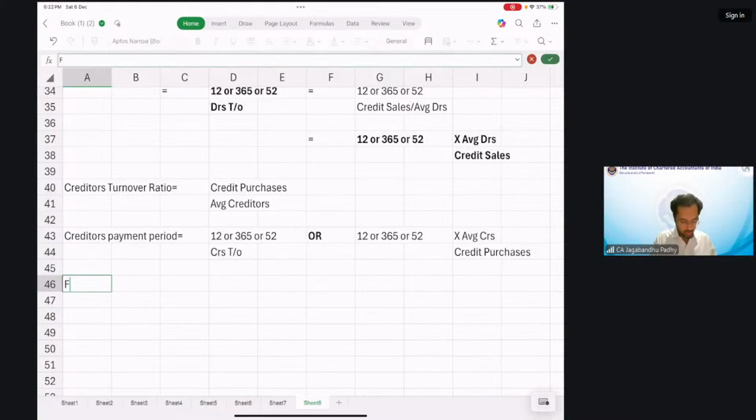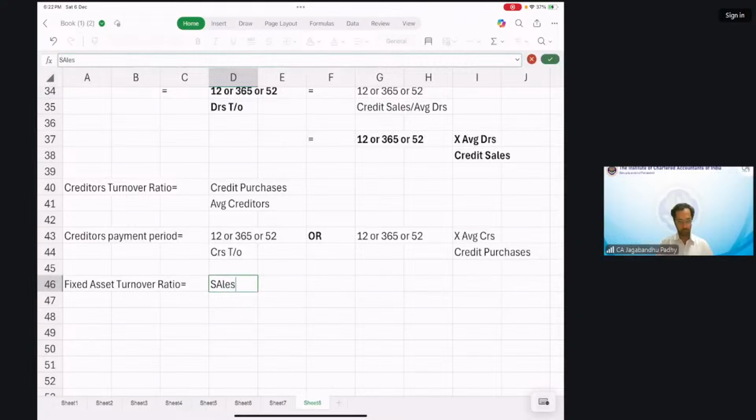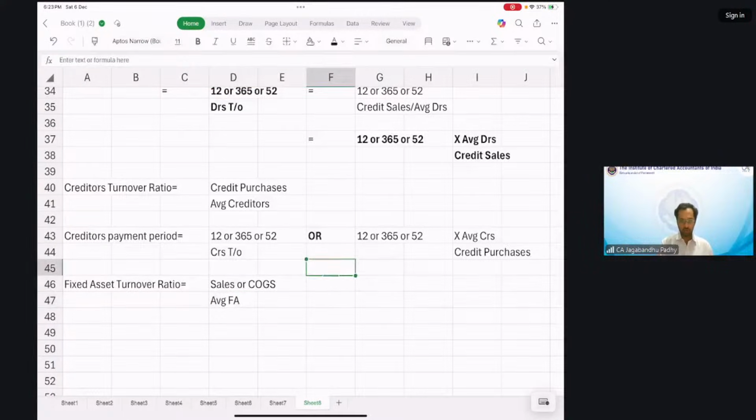So let's say we have something called the fixed asset turnover ratio. Fixed asset turnover ratio is going to be sales or COGS upon average fixed assets.